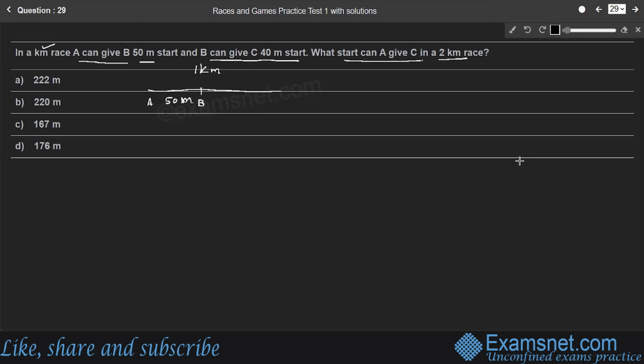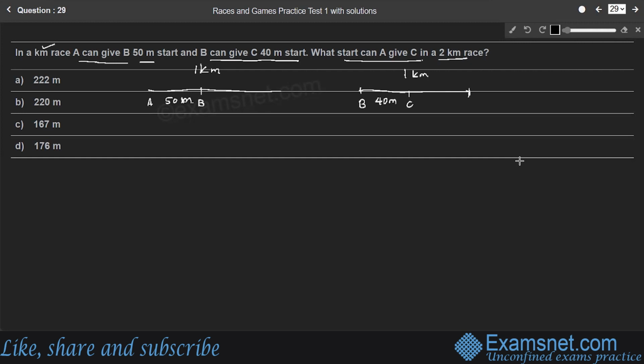Whereas B can give C 40 meters start. So we'll consider again 1 kilometer race, right? So B can give C 40 meters start. That means if B is traveling 1 kilometer, B can give C 40 meters start, right?